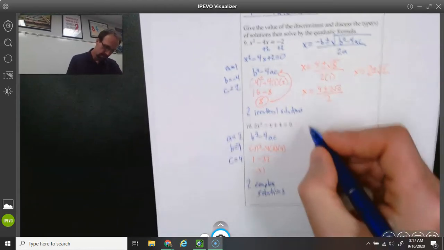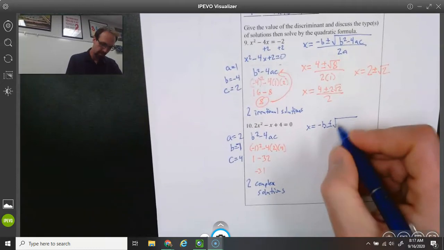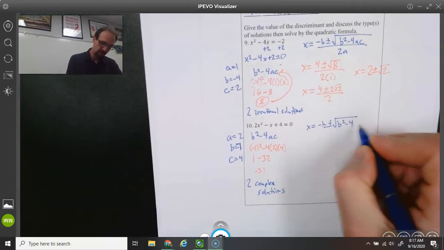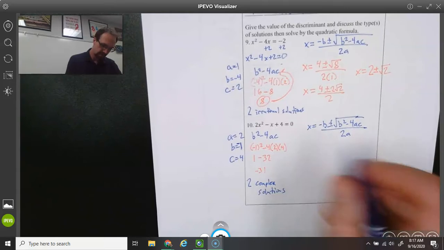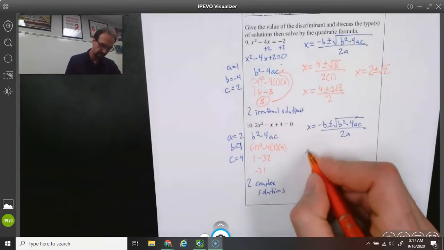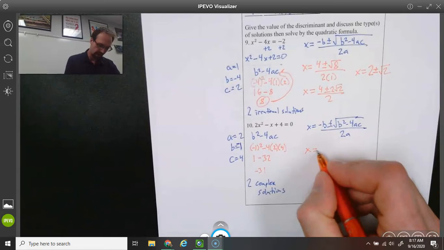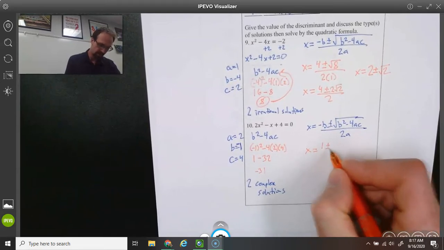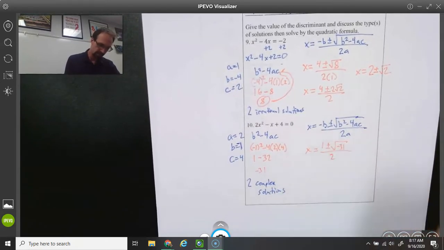Again, solving through with the quadratic formula, x equals opposite b plus or minus the square root of b squared minus 4ac all over 2a. When I substitute or plug in, I don't need to redo this discriminant part. I already have it. So I have x equals opposite b, so that's going to be 1, plus or minus square root of negative 31 all over 2 times 1, which is 2.